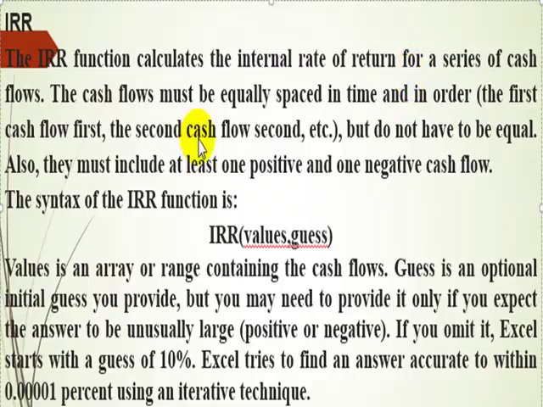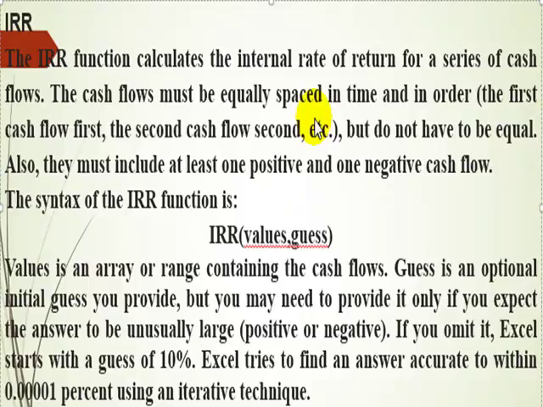The cash flows must be equally spaced in time and in order, just like the NPV function. The time or the order in which the cash outflow occurs is very, very important in performing the analysis using the IRR function.